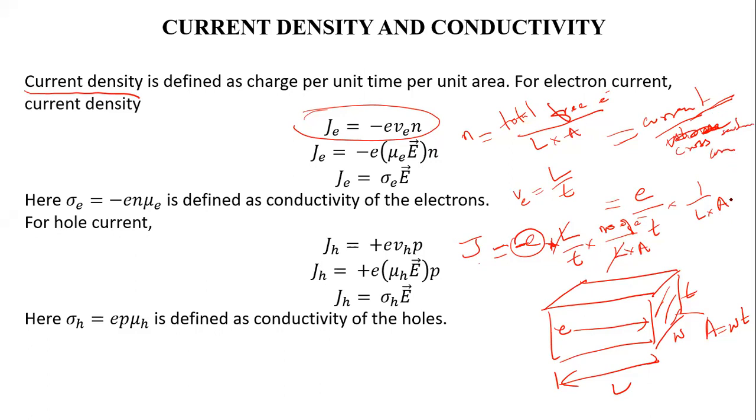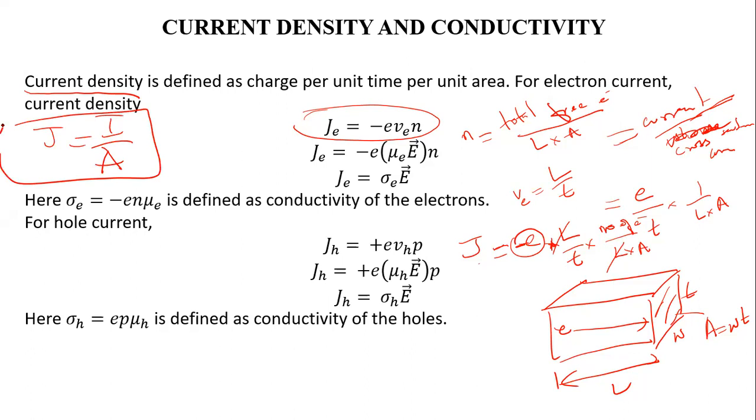A is the cross-sectional area. So J, the current density, is the number of charged particles transferred per unit cross-sectional area. You can prove that dimensionally also. J is simply current per unit cross-sectional area. So this is how we define current density.